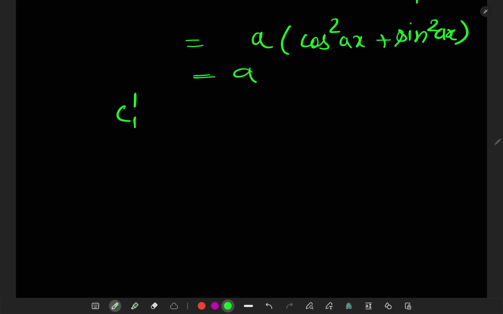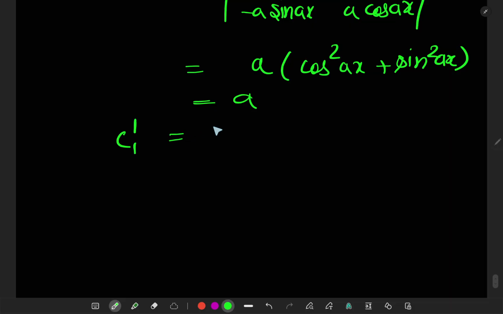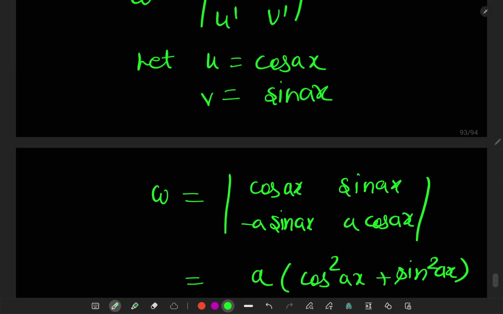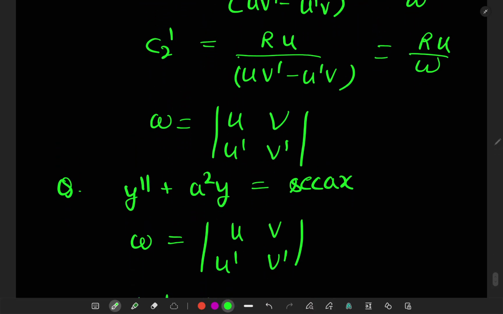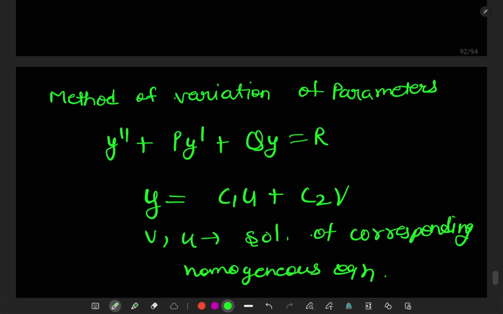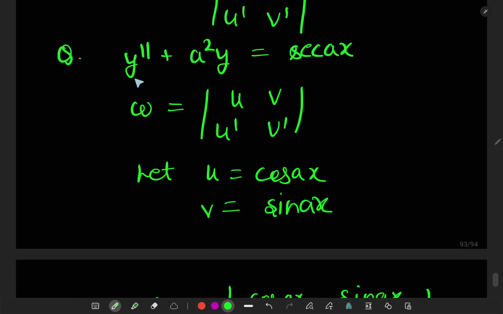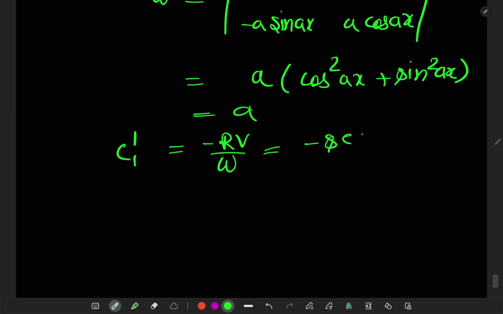Now using the formula C1 dash is equal to minus R V by W is equal to minus, here using the general equation and comparing with this given equation, we can say that R is equal to sec ax.